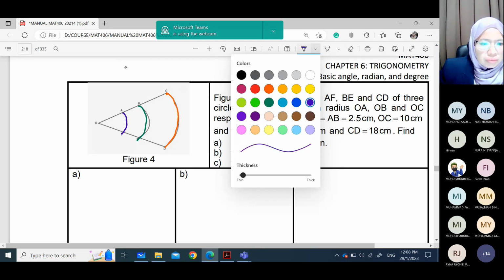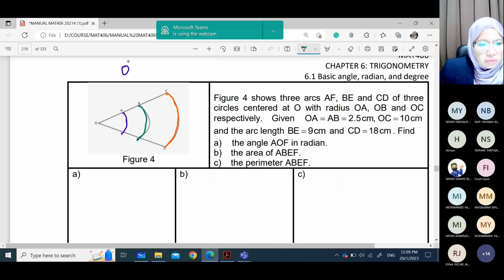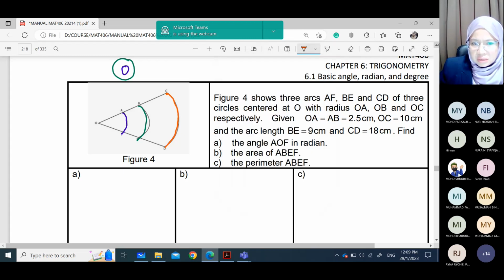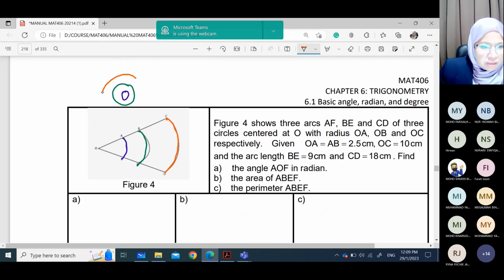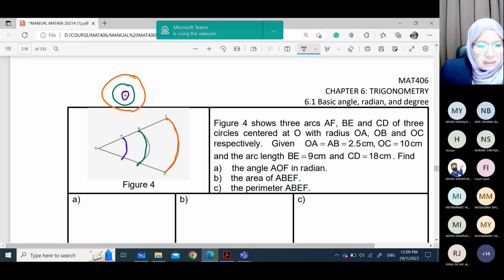Lepas tu ada lagi besar sikit, color hijau. Dan lagi satu color orange yang paling besar sekali. Full circle dia macam ni, and all the circles centered at O kat sini.